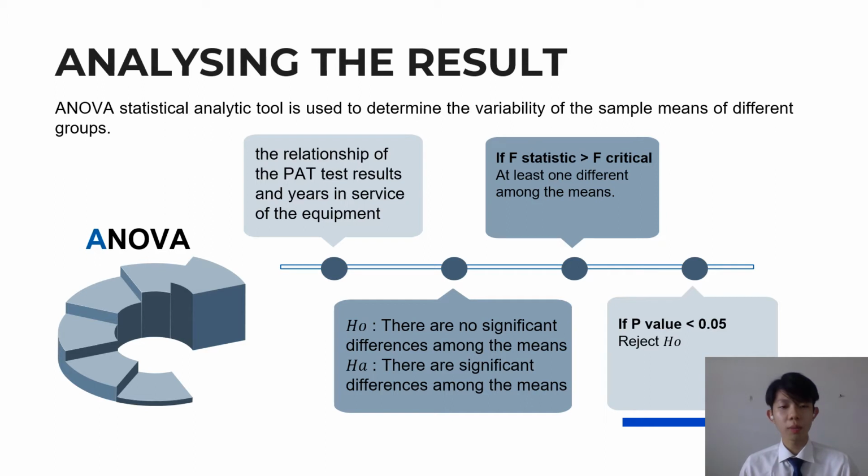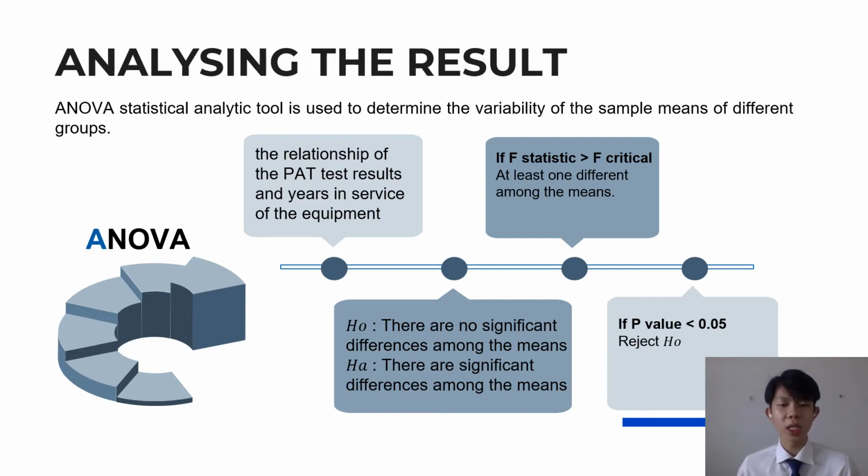After all the portable appliances are tested in the FKE laboratories by using the PAT tester, the PAT results are analyzed by using ANOVA and chi-square independence tests. Firstly, the ANOVA statistical analysis tool is used to determine the variability of the sample means of different groups.